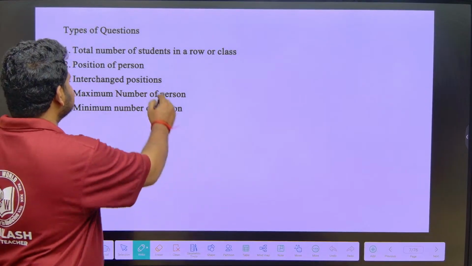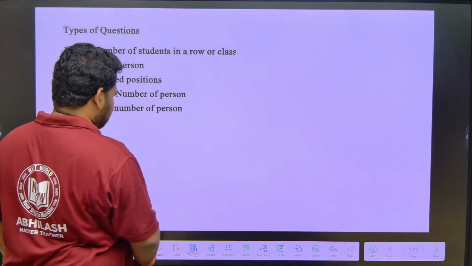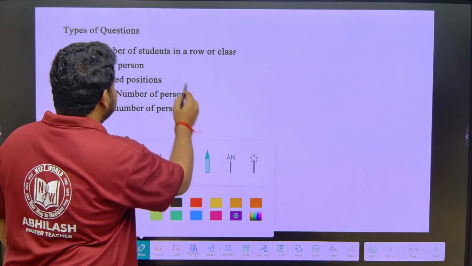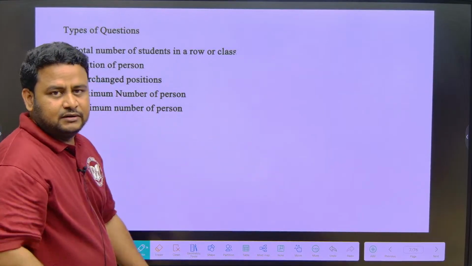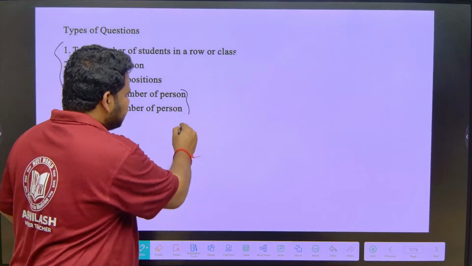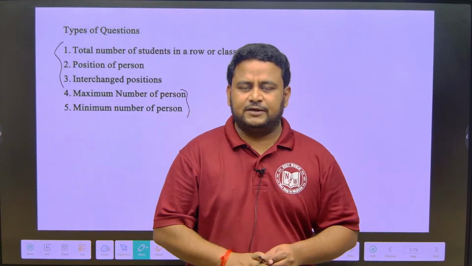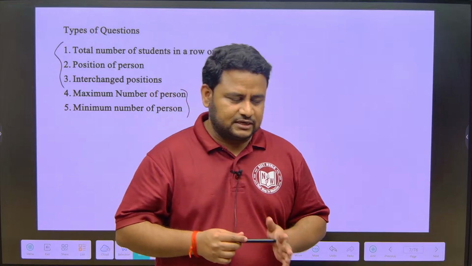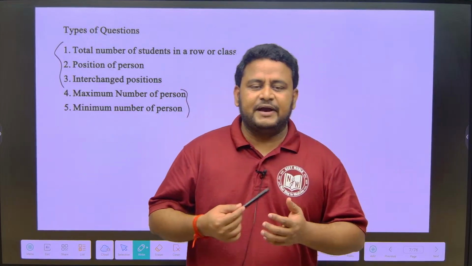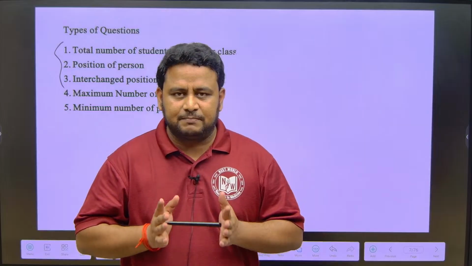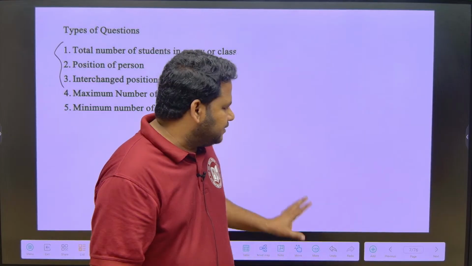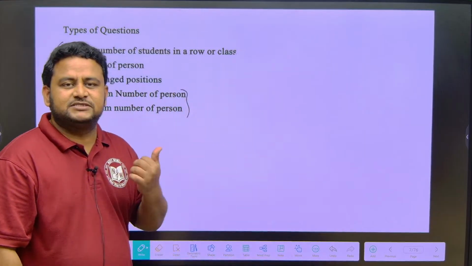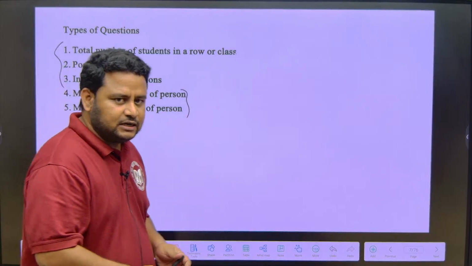In the previous class we covered the first 3 types. The last 2 types, maximum number of persons and minimum number of persons, we will cover in this class. Clear? But before starting with this, let me revisit the topics we did yesterday and solve some questions, right?